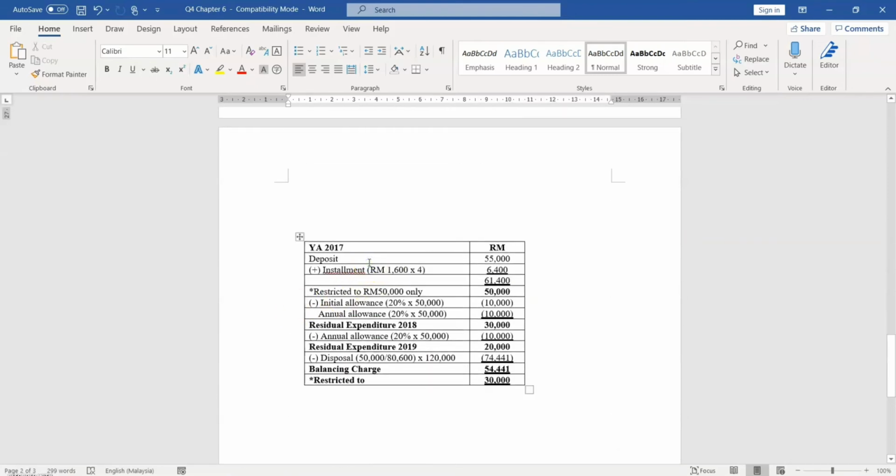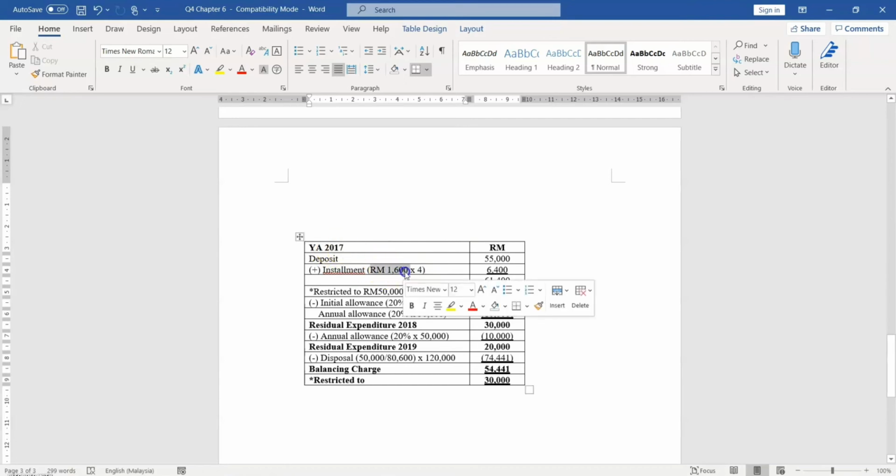So the deposit for the car is 55,000, and then plus the installment for 4 months in 2017, so we use the principal times 4 and then we get this, and this one plus this one equals 61,000. But the car is not a commercial car, so we restrict to 50,000 only. So we get the 50,000, and then the initial allowance for the first year is 20%, and we just times the restricted amount only.